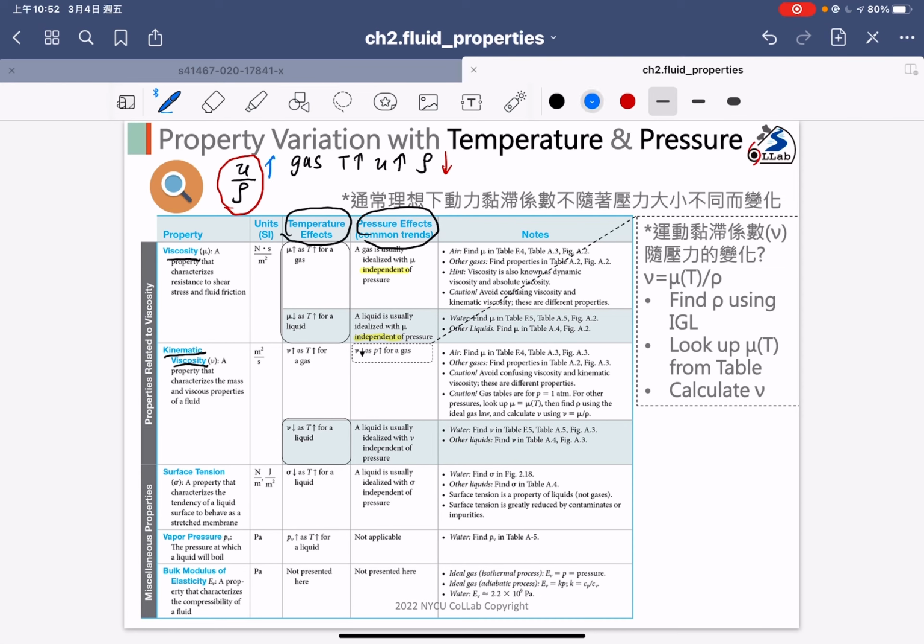Based on the result here. But when the pressure increases, the density will also increase, right? For the gas. And the resulting, because the density increased but the mu didn't change, finally the kinematic viscosity will decrease.